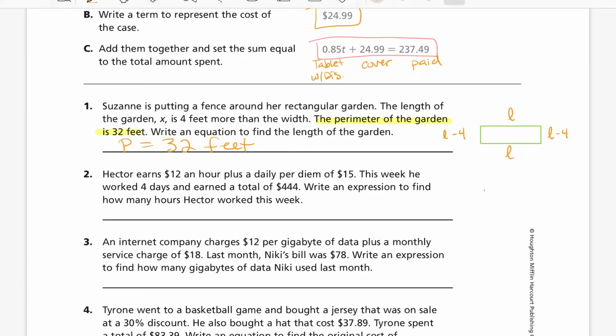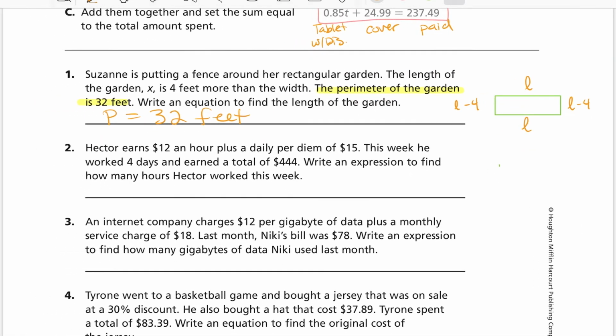For our formula, we have the length of the garden, X, is 4 more feet than the width. So because we want to keep this in terms of length, we want to keep it in terms of L, which is going to be our X value here.